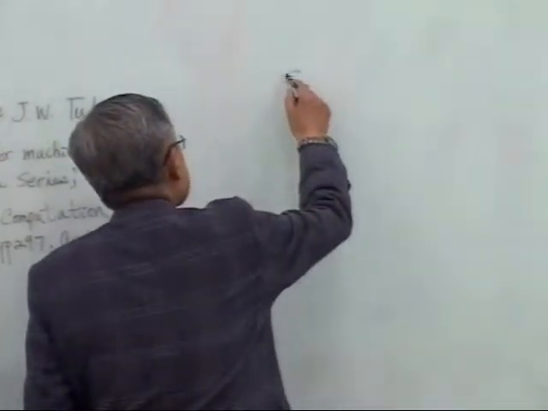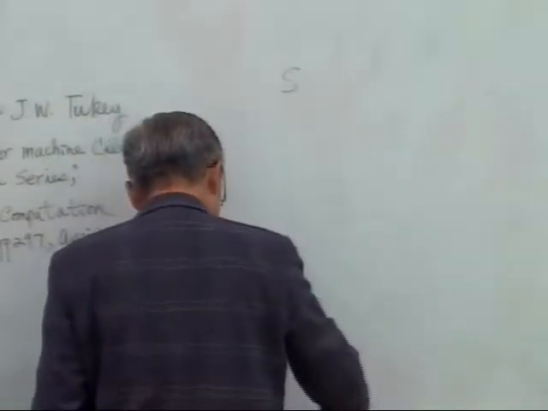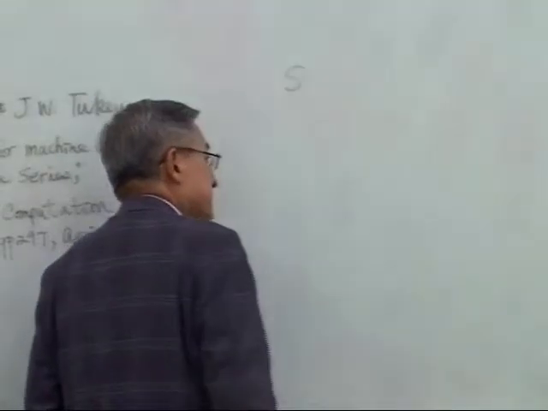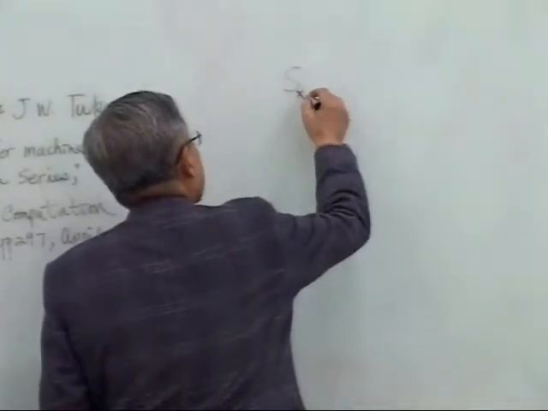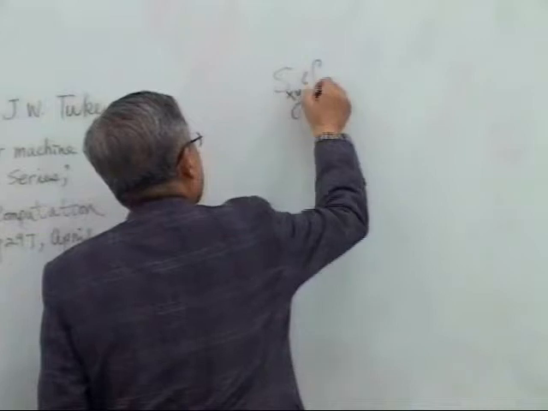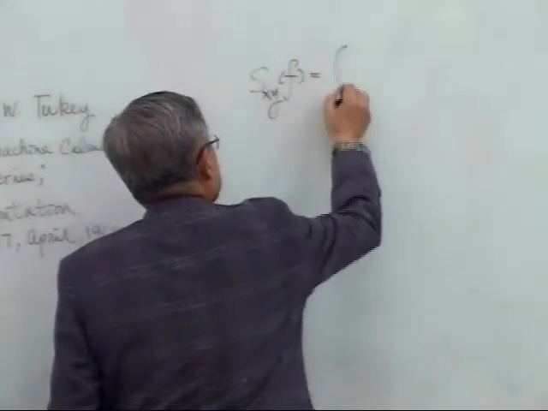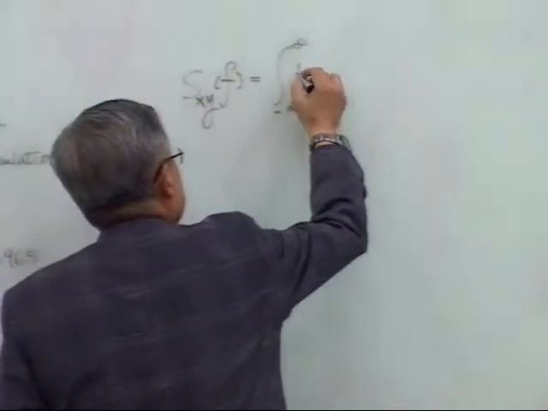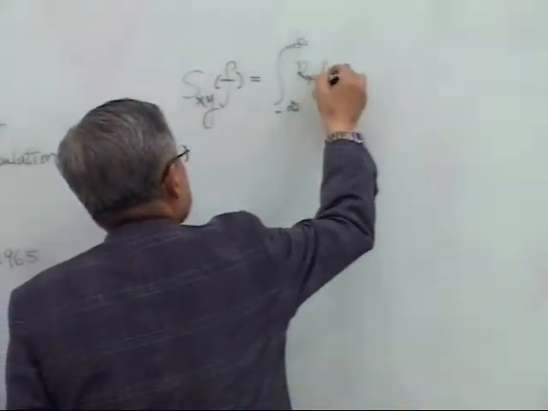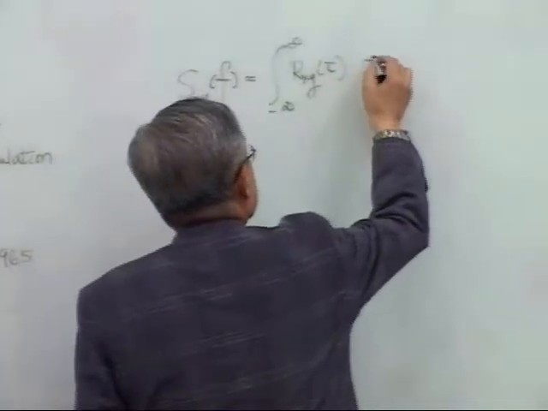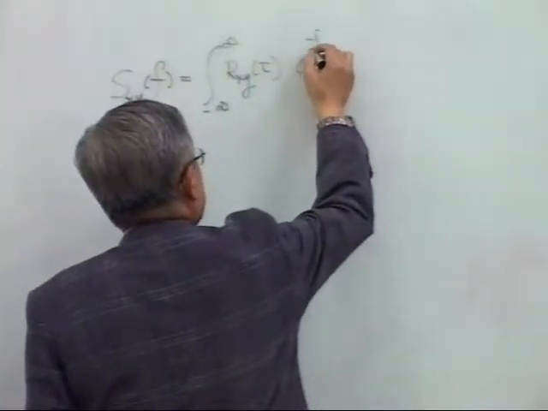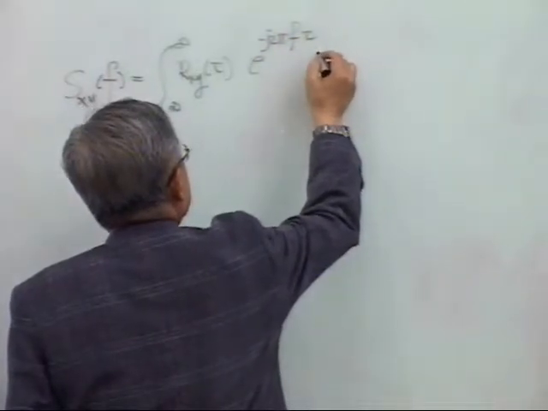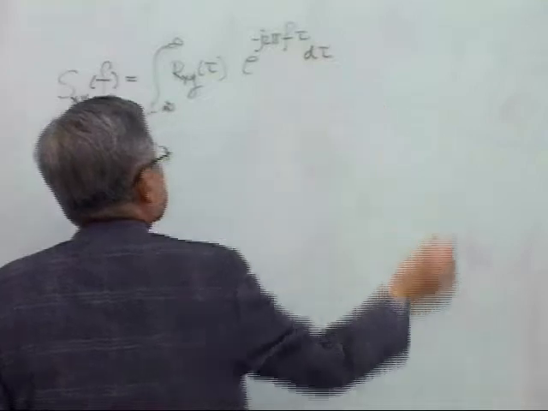The integral from minus infinity to infinity of Rxy(tau) e to the minus j 2 pi f tau d tau.